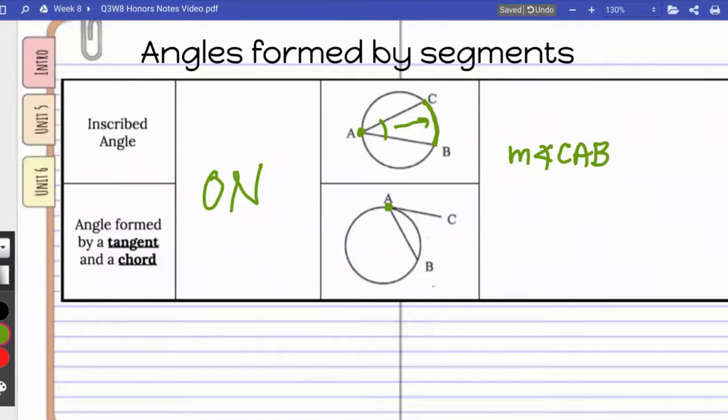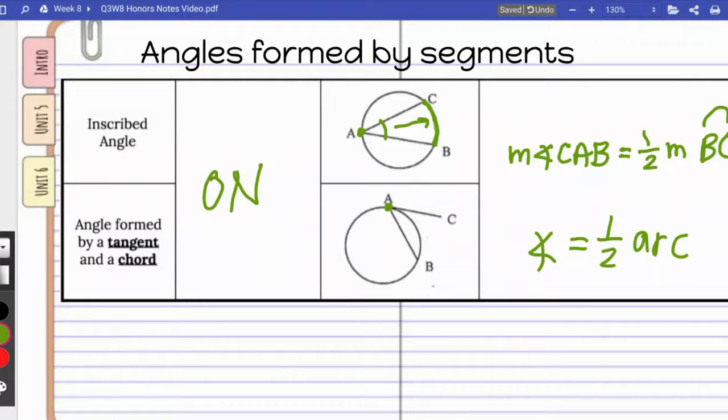On this one, the angle is going to be equal to half the measure of arc BC. So if BC is 10, the angle is going to be 5 degrees. If BC is 30 degrees, then the angle is going to be 15 degrees, half of that. So the angle is equal to half of the arc.